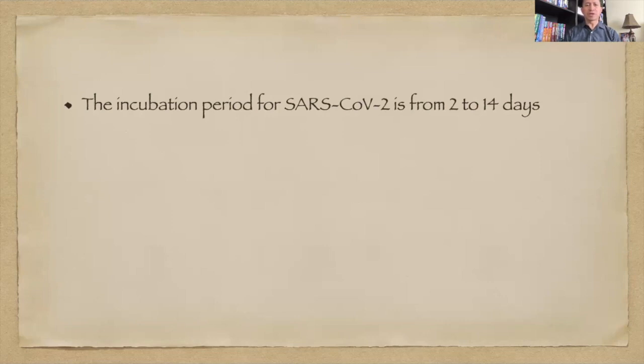Now, the incubation period for SARS-CoV-2 or COVID-19 is from 2 to 14 days. So remember, when they tell people to go quarantine, they quarantine for at least 14 days.